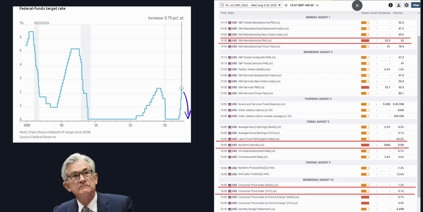If before the September FOMC meeting NFP and CPI both drop because of recession and deflation, then that will be bullish for gold and rate cuts will start next year. And if CPI jumps again and hits 10%, then gold can collapse.